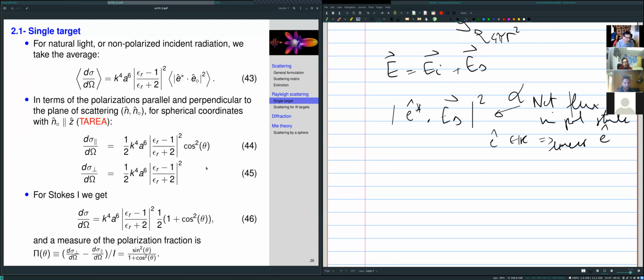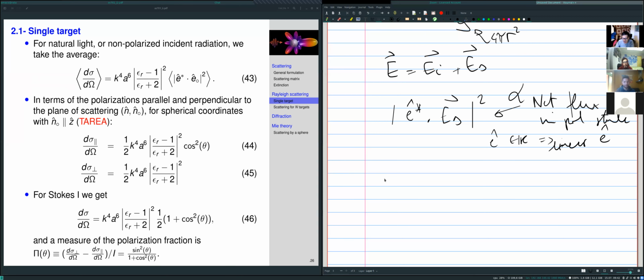And this is what you get also in the case of linear polarization, if we select the outcome polarization E, linear parallel or linear perpendicular. So we select linear polarization only parallel to the plane or perpendicular to the plane.